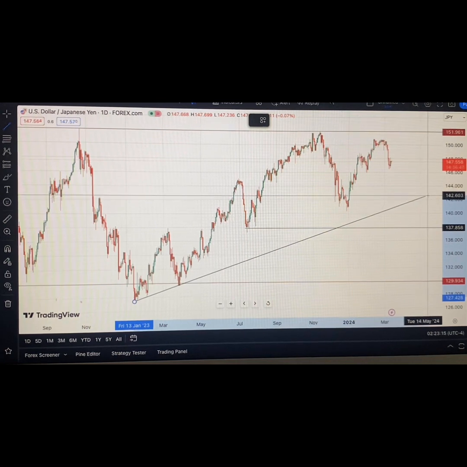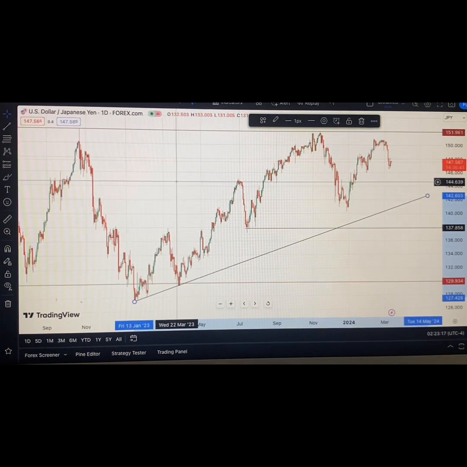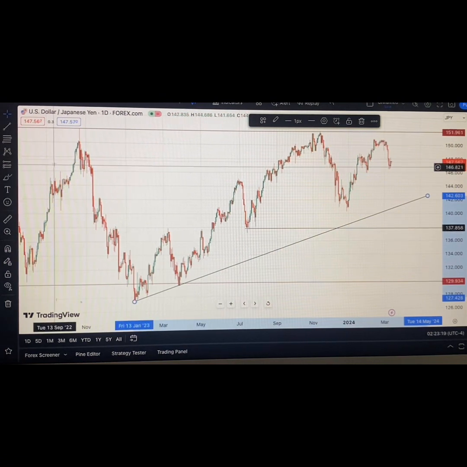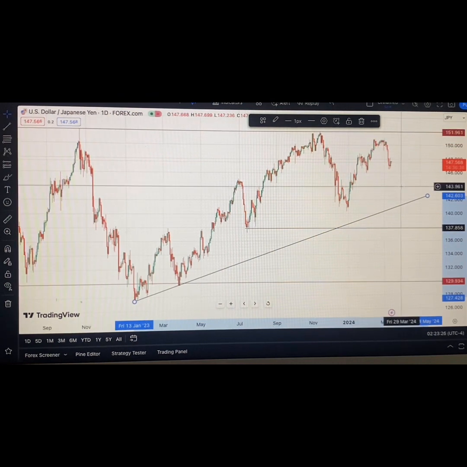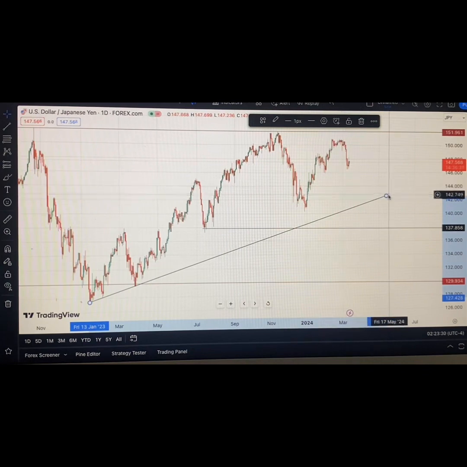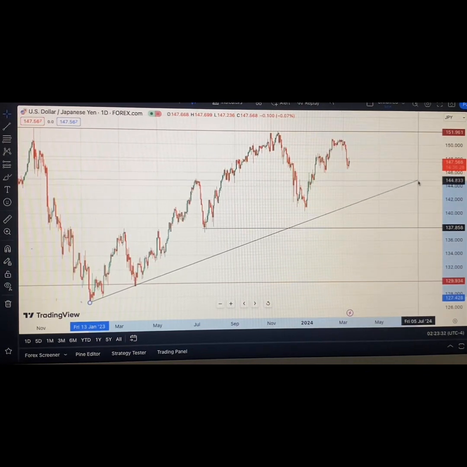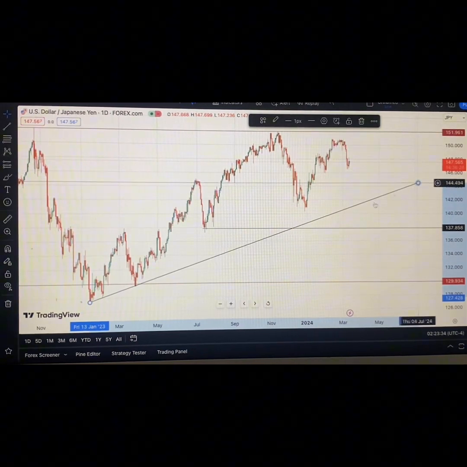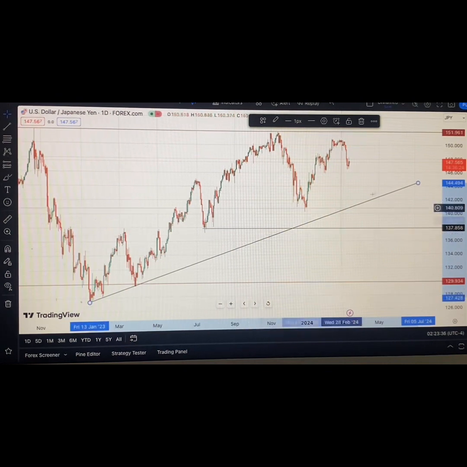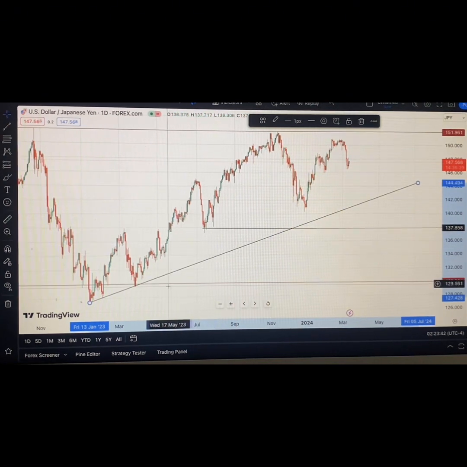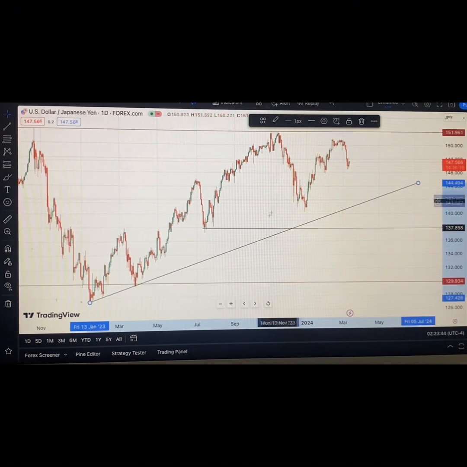We've been having a bullish run on this market, but now price has retested this resistance zone, and the price is pushing downwards. So we've drawn our line. You see it, upward movement. That's the uptrend.